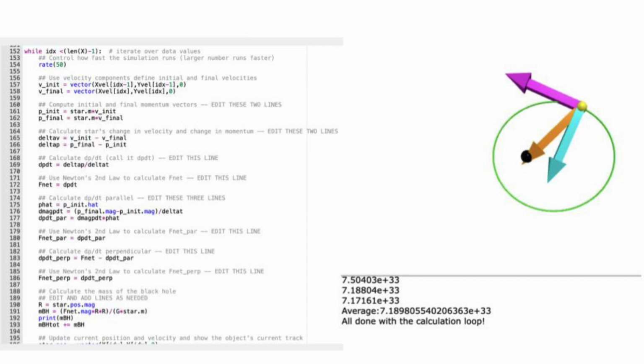Here, to calculate the mass of the black hole, we put the mass of the black hole is equal to the magnitude of Fnet times r squared over the universal gravitation constant times the mass of the star. From this, we got a list of potential masses for a black hole, which were given for every spot in the orbit, and we simply averaged this list and got 7.189 times 10 to the power of 33 kilograms.